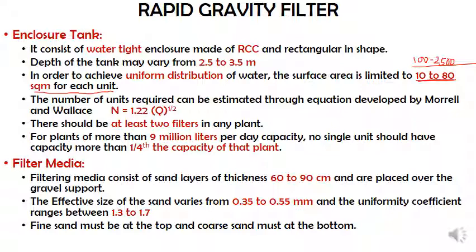The reason is to have uniform distribution of water, and since the rate of filtration is more, uniform distribution plays an important role for effective working of a rapid gravity filter. That's why the size of these units is quite small when compared with slow sand filters.